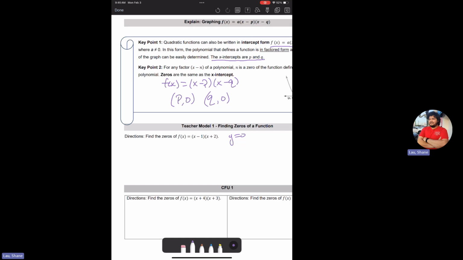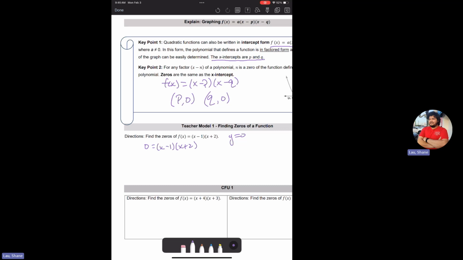So essentially what we're saying is that f of x needs to be 0. Well, if I have the equation (x minus 1)(x plus 2), then I know that f of x has to be 0 here. That allows me to say that we are looking for the value of 0 given some value of x.